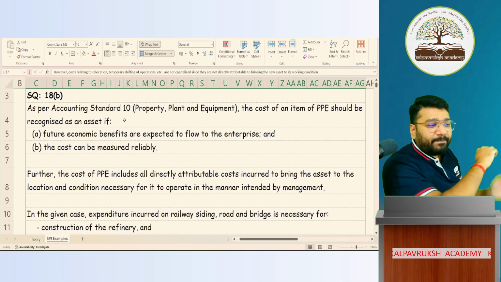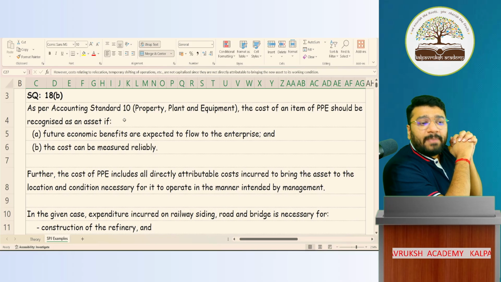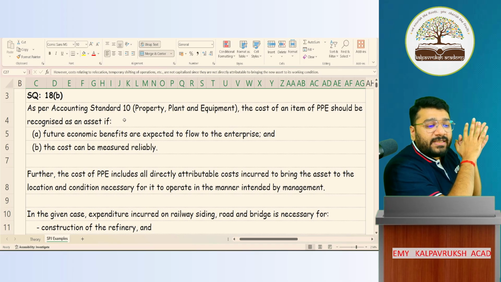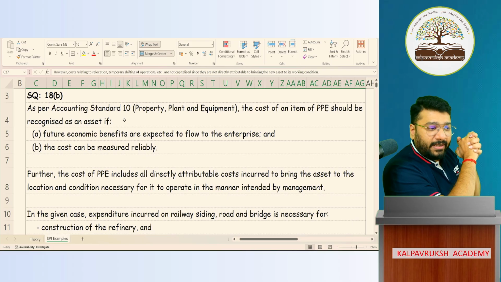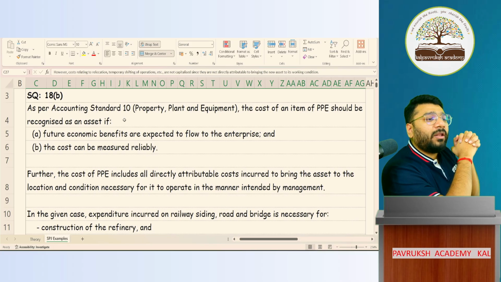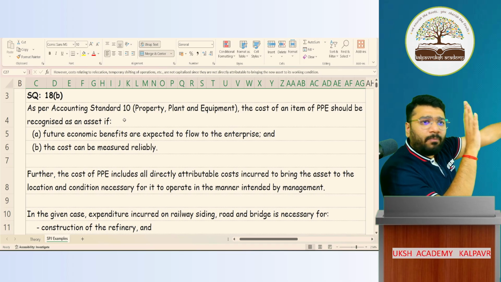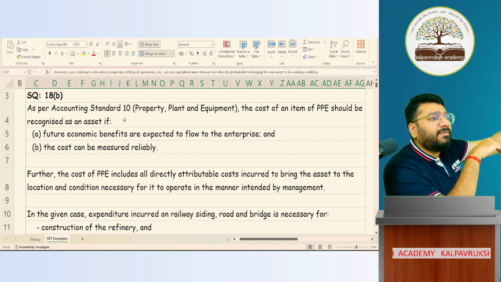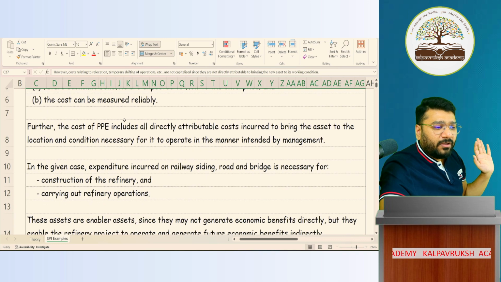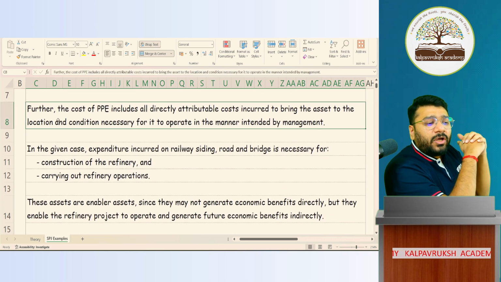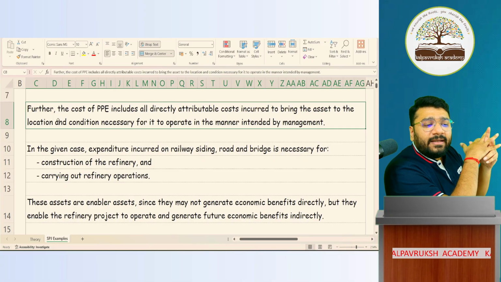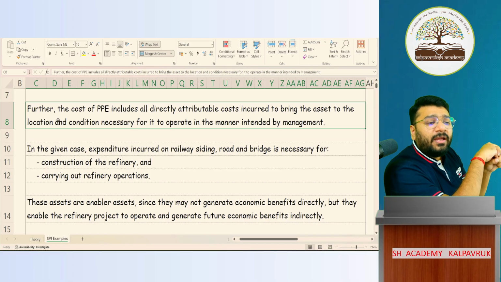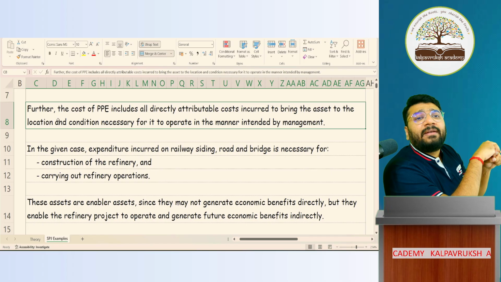So what is this saying? As per Accounting Standard 10, Property, Plant and Equipment, the cost of an item of PPE should be recognized as an asset if future economic benefits are expected to flow to the enterprise and the cost can be measured reliably. Okay, not okay? Simple English, no complications, and keywords also taken care of. Further, the cost of PPE includes all directly attributable costs to bring the asset to the present location and condition to operate in the manner intended by the management.